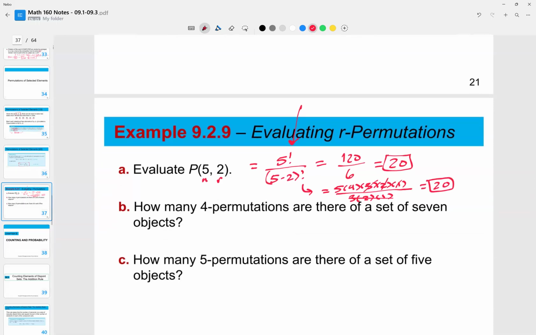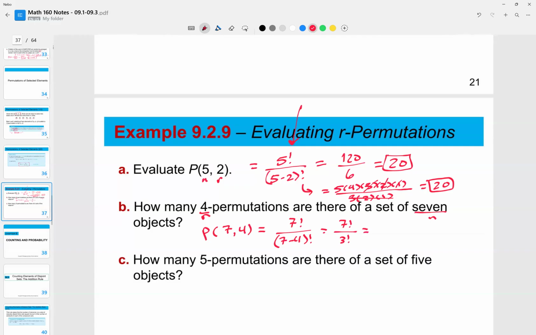Part B asks, how many 4 permutations are there of a set of 7 objects? Well, again, this is R here, and this is N, and so it's really just saying 7 permute 4, which you just plug into the formula, and you get 7 factorial over 3 factorial.